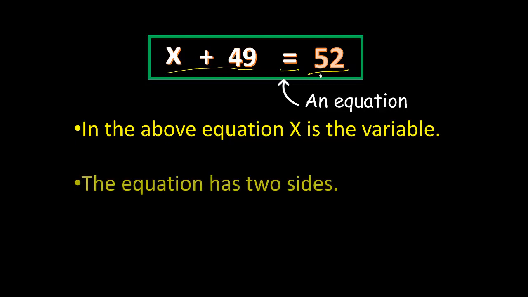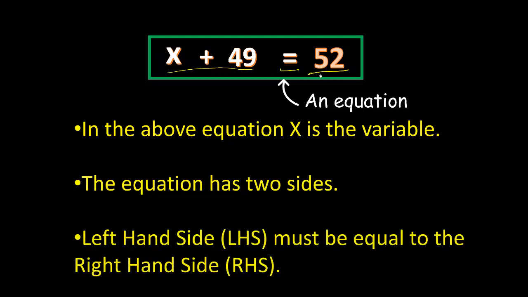The equation has 2 sides. The left-hand side, LHS, must be equal to the right-hand side, RHS. Look, this is called LHS, while this is called RHS.